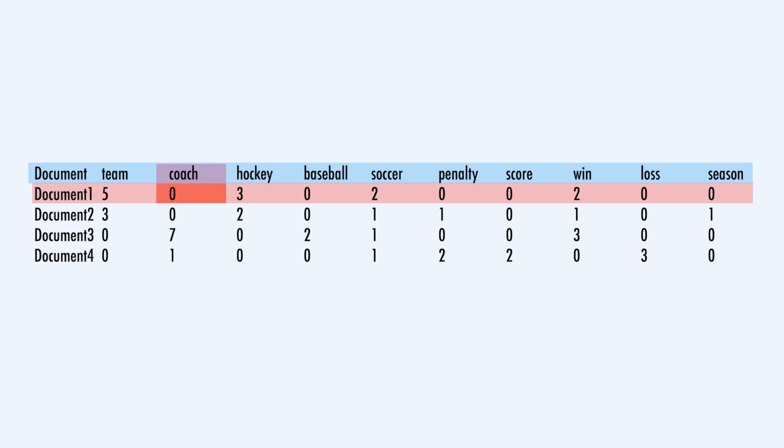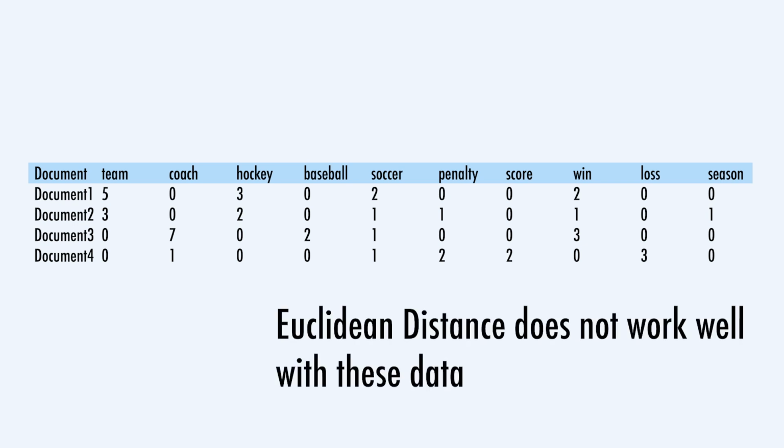The word coach is absent from the document, as indicated by a count value of 0. As shown, the data can be highly sparse. And by sparse, I mean they have many 0 values. The traditional Euclidean distance does not work well for such sparse numerical data.